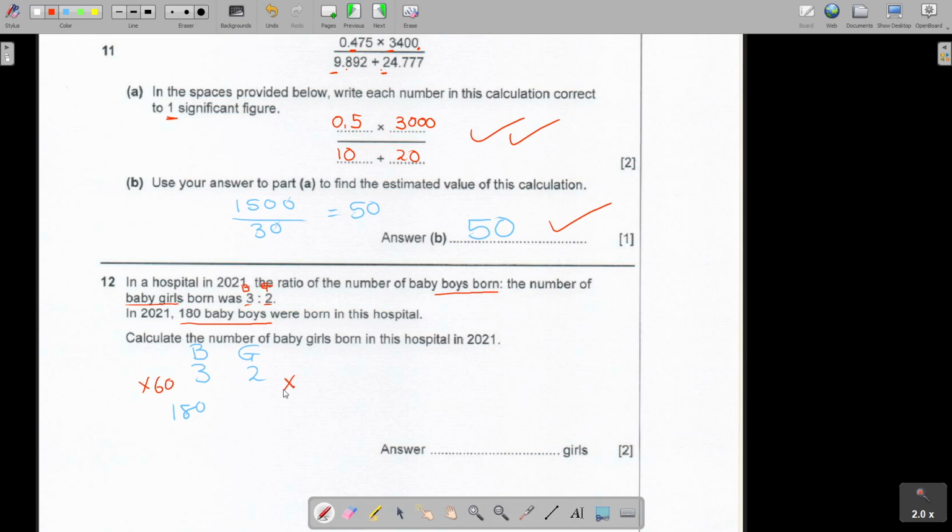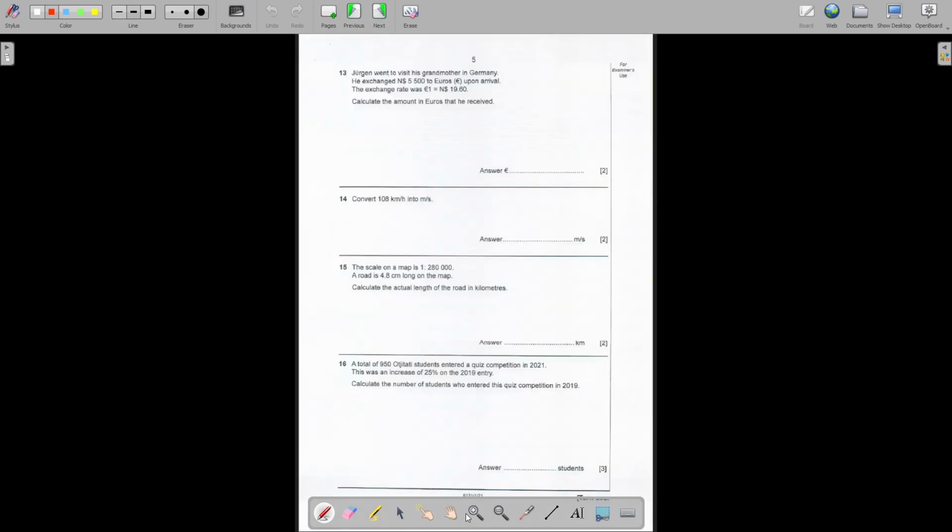And ratio is like this. If I multiply this one with 60, I also multiply this one with 60. And what do I get? 120. So 120, and they told you girls. Okay, not a difficult question. And again, I think if they saw the 60, that you worked with 60, and if you come to the girls. Okay, and then we go to the next question of the page.